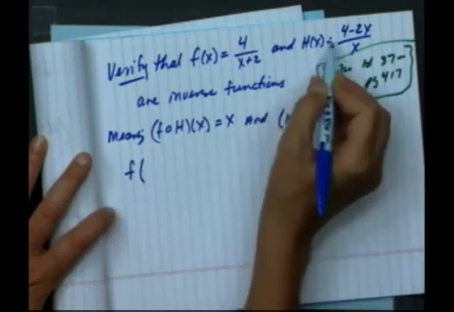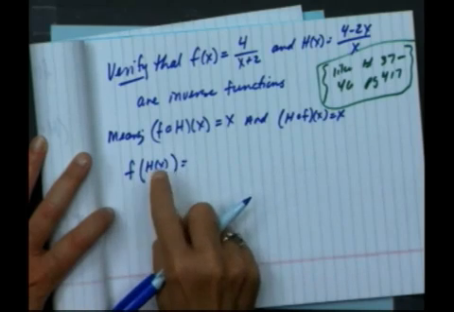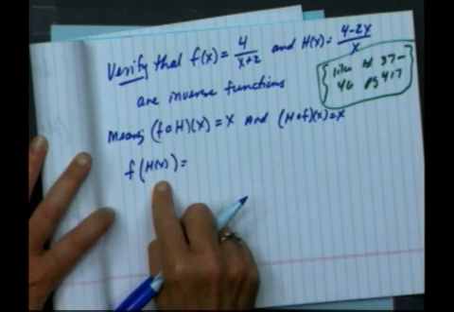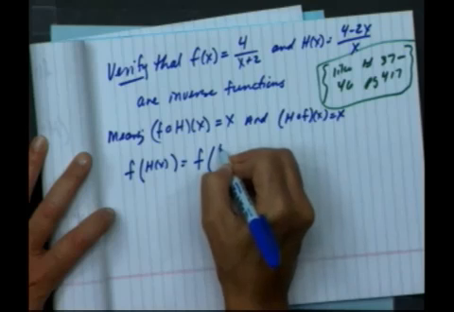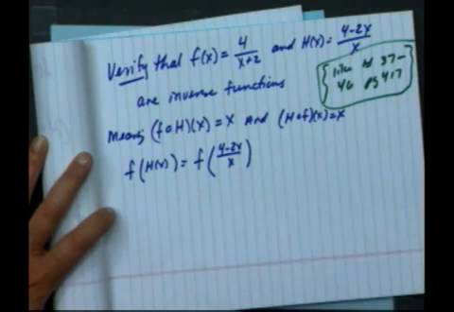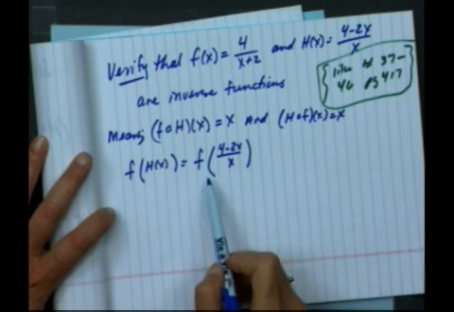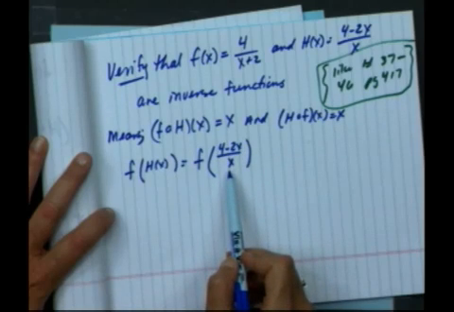All right, let's go with it. f evaluated at h of x. This way I'm using all values for x, not just that number. So this is f evaluated at 4 minus 2x over x. Anybody notice where the 4 minus 2x over x is coming from?